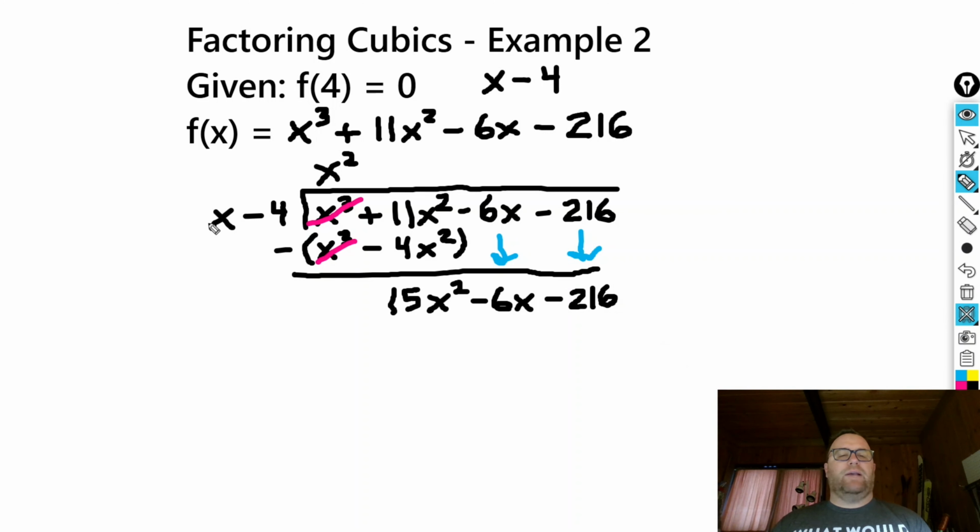All right, so x goes into 15x squared. Well, it's going to go 15x times. So we're going to do plus 15x here. So 15x times x is 15x squared. And then 15x times negative 4 is minus 60x.